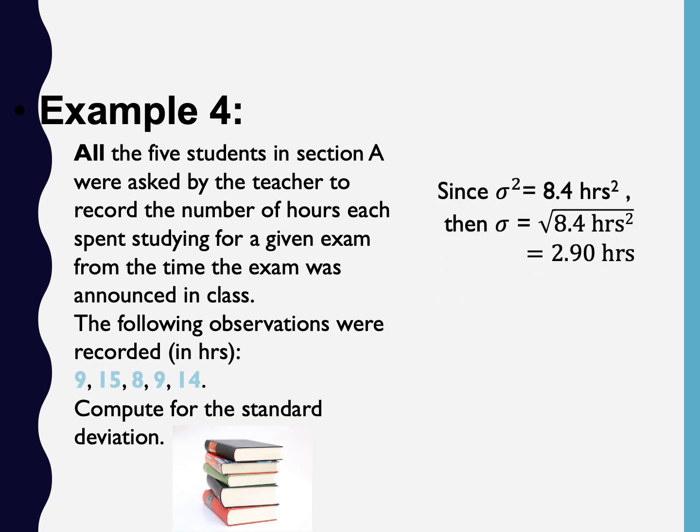So just take the square root of your population variance, so square root of 8.4 hours squared, that is equivalent to 2.90 hours. So meaning the values in your data set vary 2.9 hours from each other.